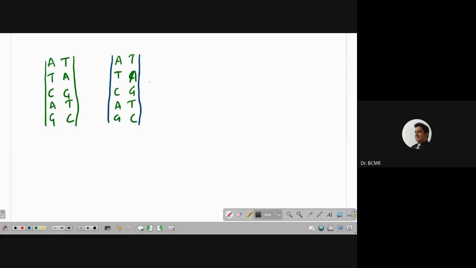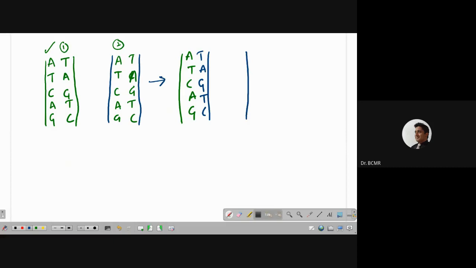Now recombination happened between these two. So what would we get? We will have A, T, C, A, G, and that is one strand from here, and the other strand from the second molecule. Say we will call this the first molecule, and the complementary strand of it would be something like this: T, A, G, T, C. Is there material exchange between these two?